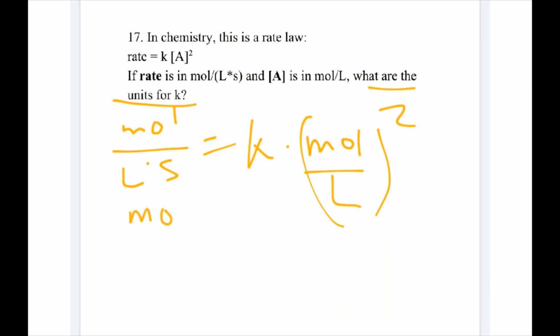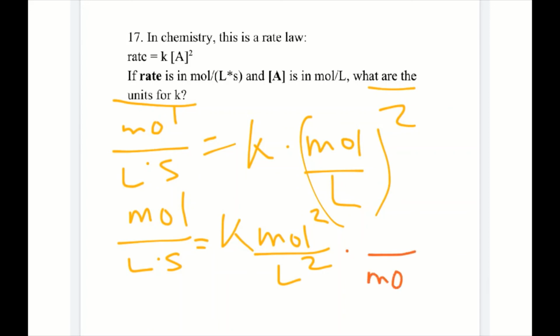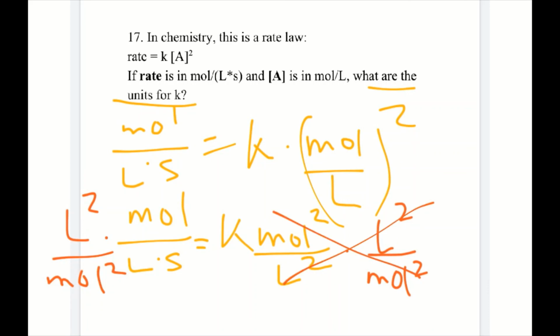So moles over liter times second is equal to K times mole squared over liter squared. So we want to isolate the K in order to find its units. So let's multiply both sides by mole squared over liter squared, the same thing on both sides, in order to cancel these two out.